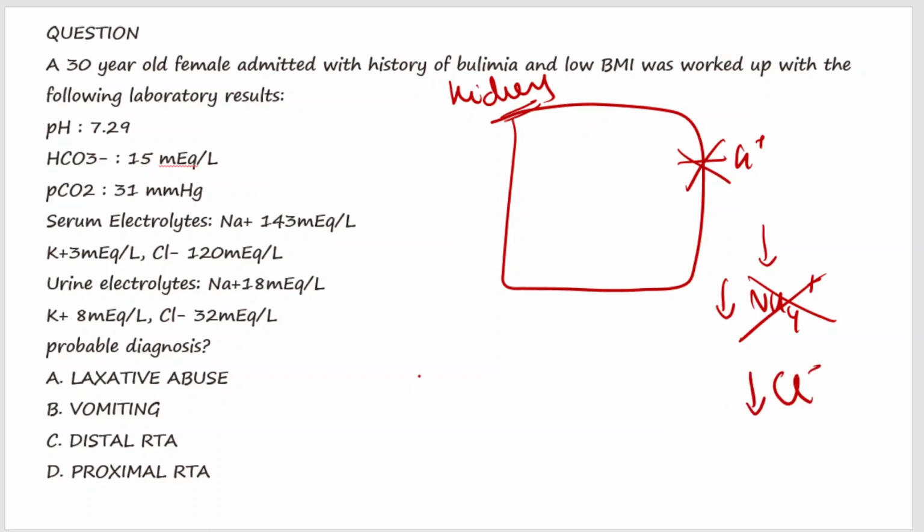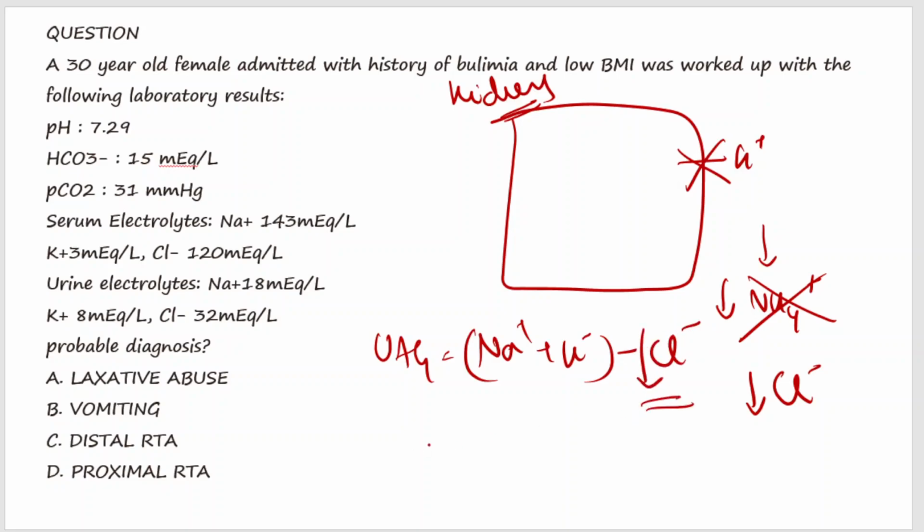So what do you find in the urinary anion gap, which is sodium plus potassium minus chloride? Your chloride is less, which means you get a positive urinary anion gap.